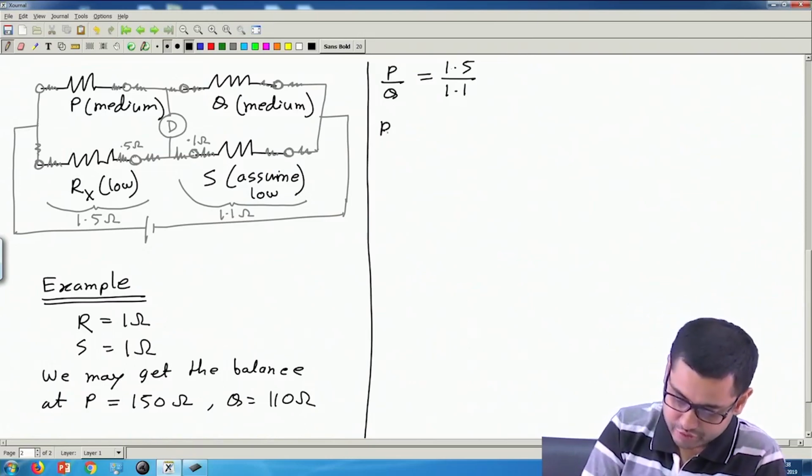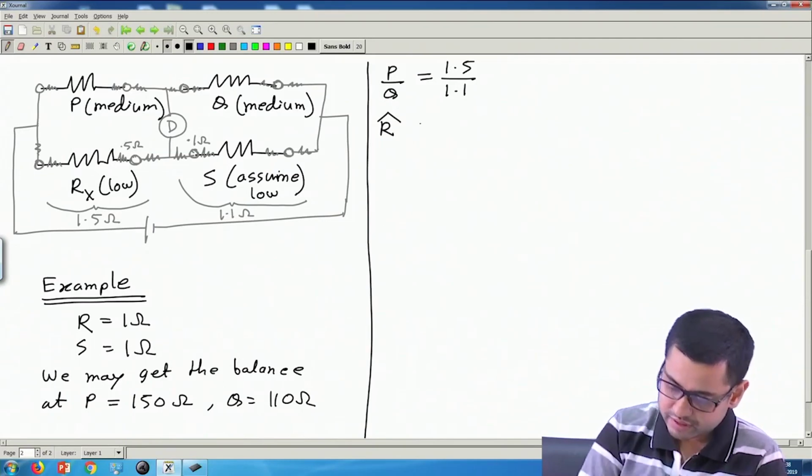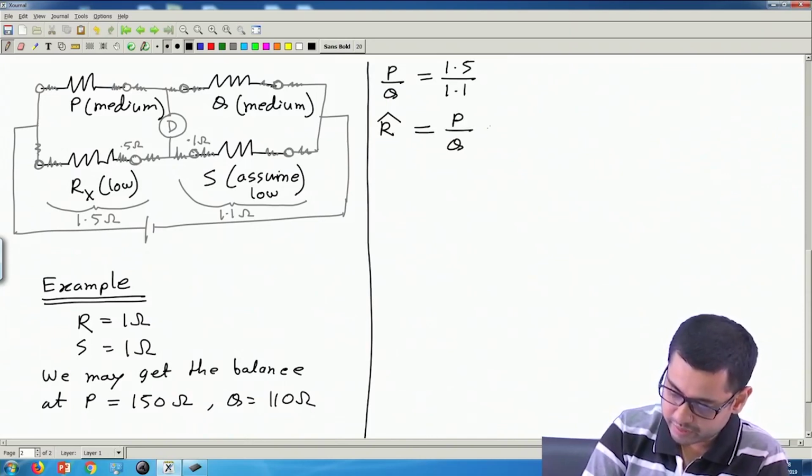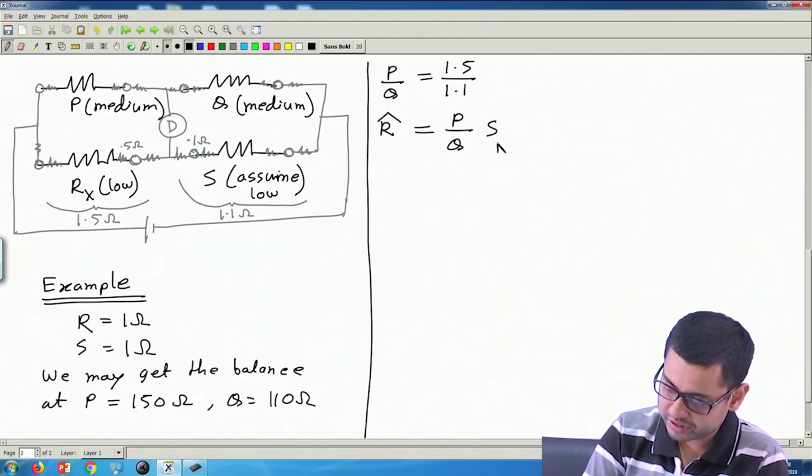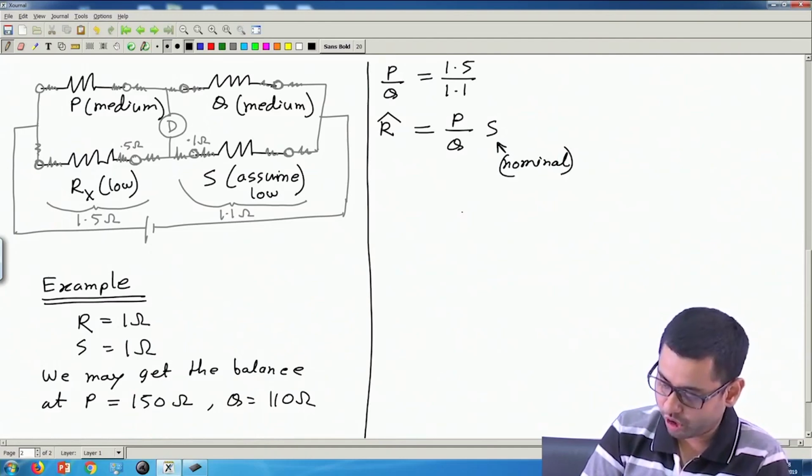Now the estimated value of R, that will be given by what? This will be given by P by Q multiplied by S: the nominal value of P, nominal value of Q, and the nominal value of S. Okay, this is the nominal value, or the value marked on top of this resistance box.